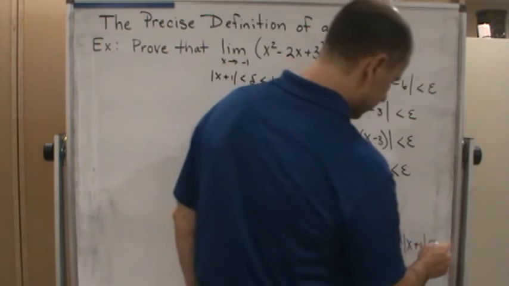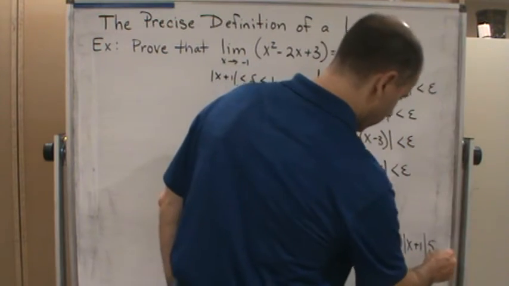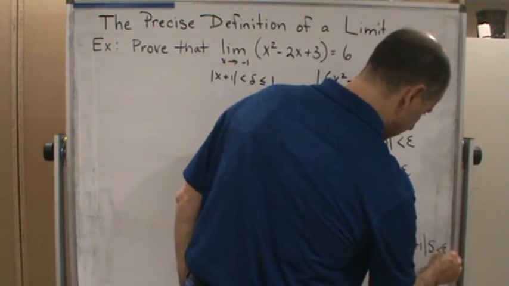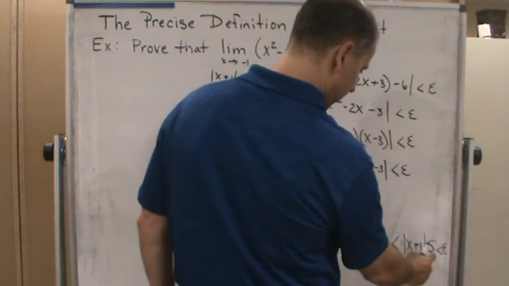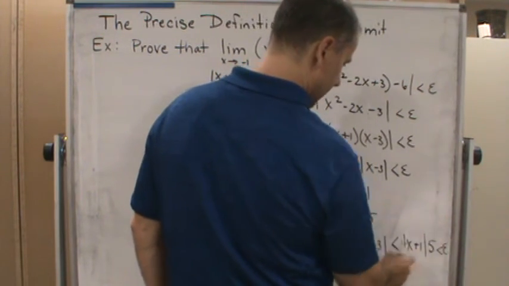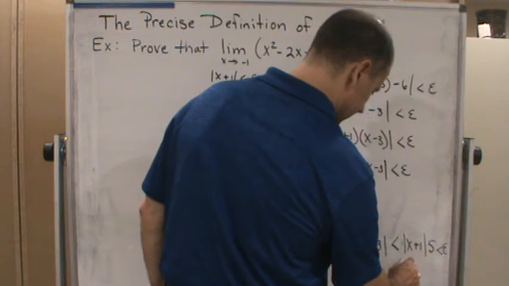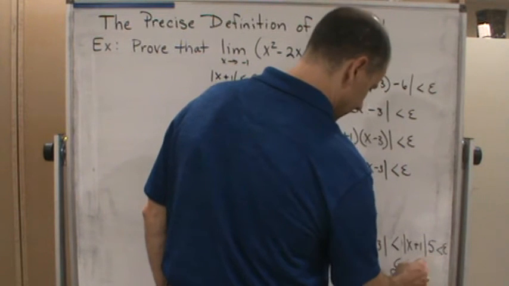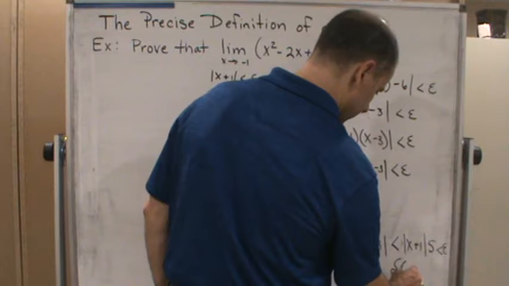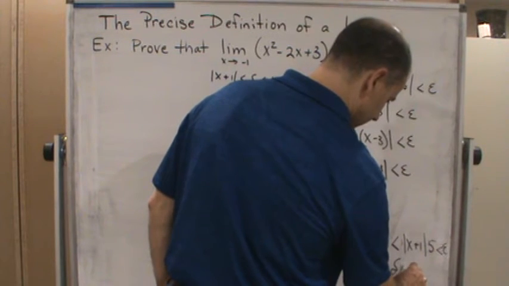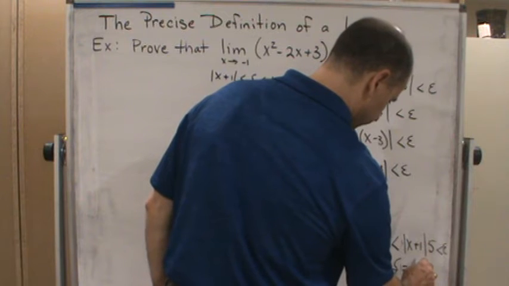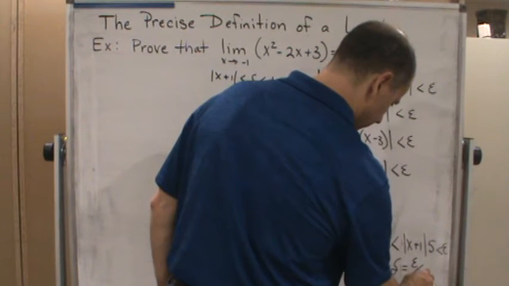So then this has to be less than epsilon. So this is less than this. We're putting a bound on it, which is then less than epsilon. So now we see that delta, in this case, for our choices, has to be equal to epsilon divided by 5.